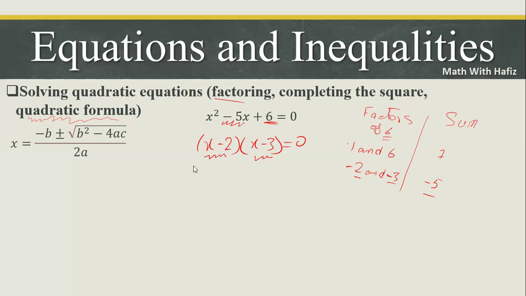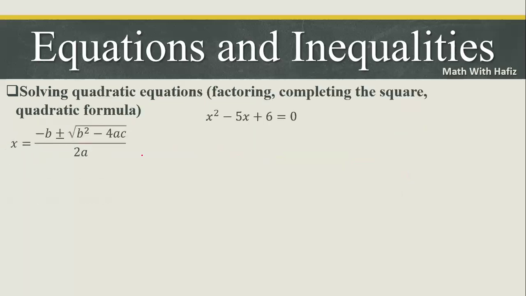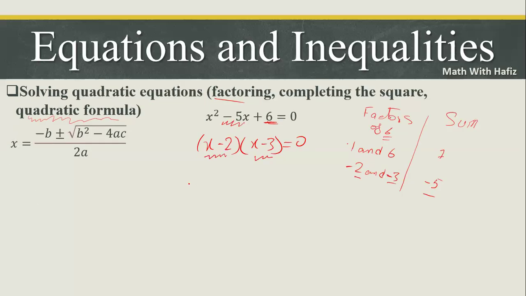So either x minus 2 is equal to 0 or x minus 3 is equal to 0. If x minus 2 is equal to 0, x will be equal to 2. If x minus 3 is equal to 0, x will be equal to 3.